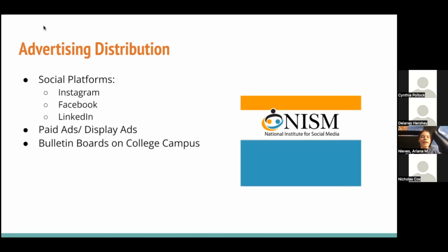And then we also brainstormed some other non-conventional forms of distribution, and bulletin boards on a college campus would be a great way to reach our target market, and have a little bit of a unique approach to the distribution.